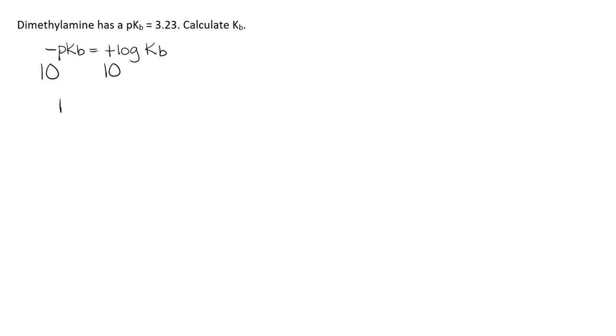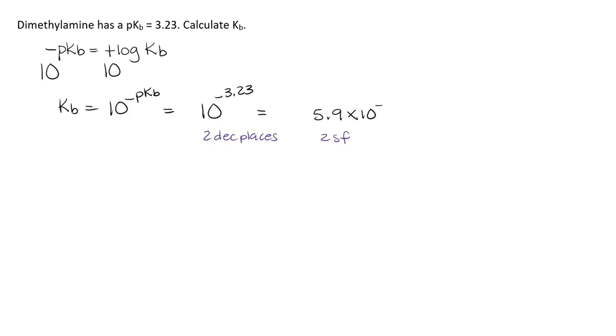We end up with Kb equals 10 to the negative pKb. So plugging in our value, we have 10 to the negative 3.23. Our 2 decimal places will become 2 sig figs after we do the calculation. And 10 to the negative 3.23 rounded to 2 sig figs gives us 5.9 times 10 to the negative 4 for Kb.